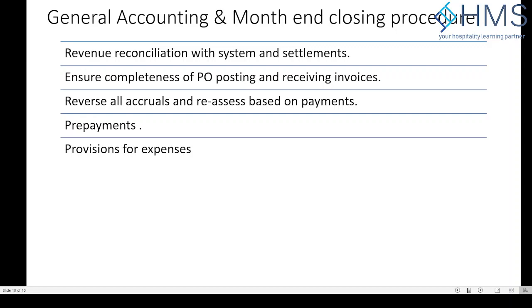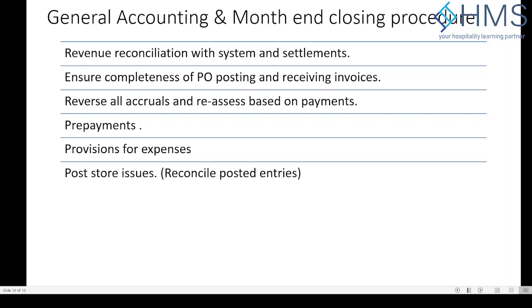In order to make our life faster at the end of the month, we used to do these accruals, payments, and provisions early, like on the 24th, 25th we finish all this, because we know what we are going to pay in the next 5 months, or we can estimate, so we are not going to overpay, right? Prepayments we record immediately in the same month, and for provision for expenses, we also know what we are going to pay. And usually we stop paying in the last 3, 4 days anyway. We don't really pay anything unless it's super urgent.